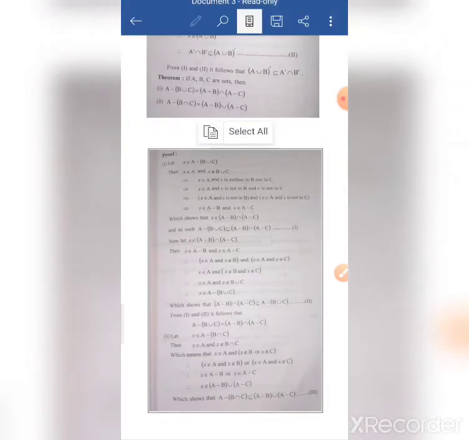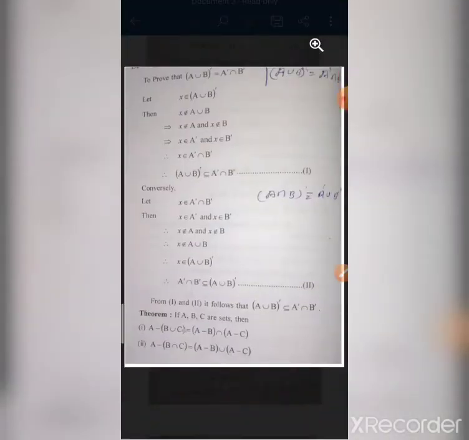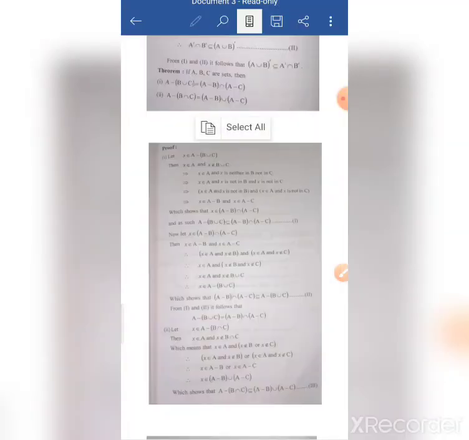Then this implies x belongs to A and x does not belong to B union C. This implies x belongs to A and x is neither in B nor in C. This can be written as x belongs to A, x is not in B, x is not in C. That is, x belongs to A and x is not in B, and x belongs to A and x is not in C. Therefore, mathematically, x belongs to A minus B and x belongs to A minus C.